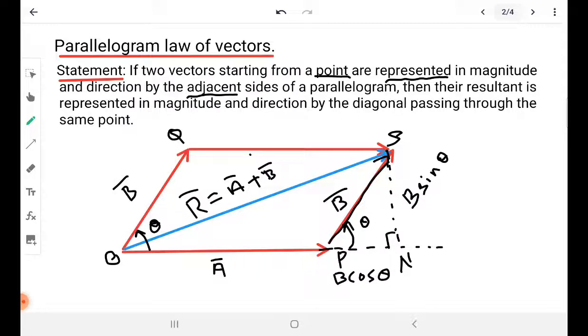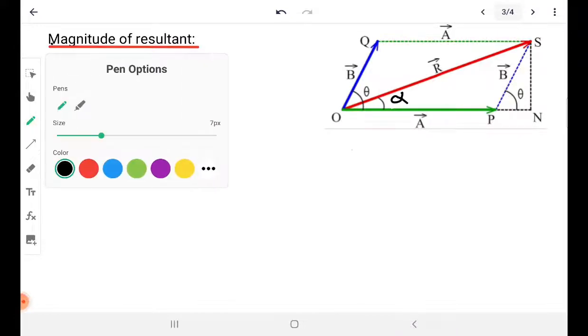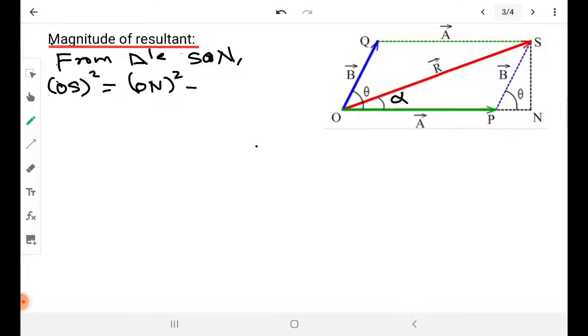So now by using the right angle triangle SON, we should find out the magnitude of the resultant. From the triangle SON, by using Pythagoras theorem, we can write OS square is equal to ON square plus SN square.